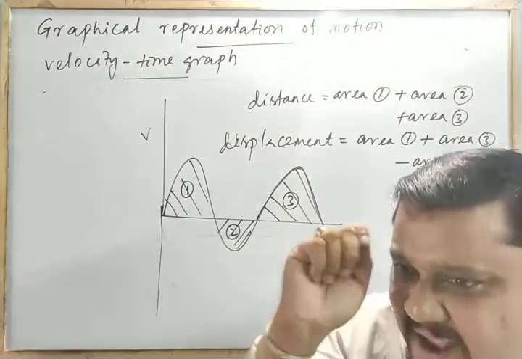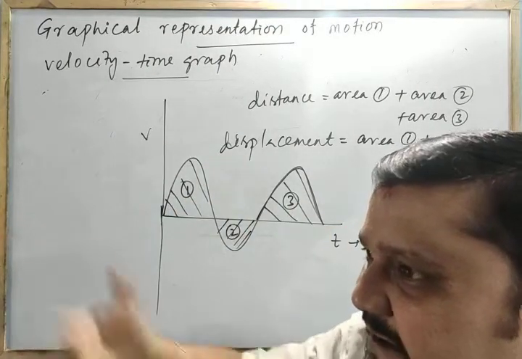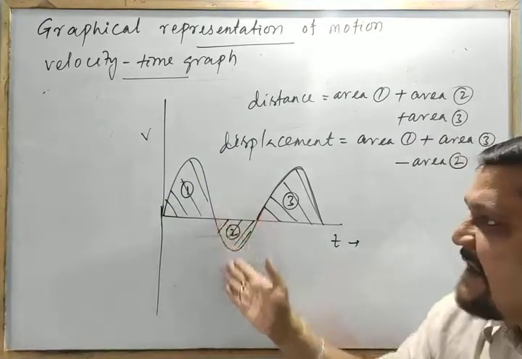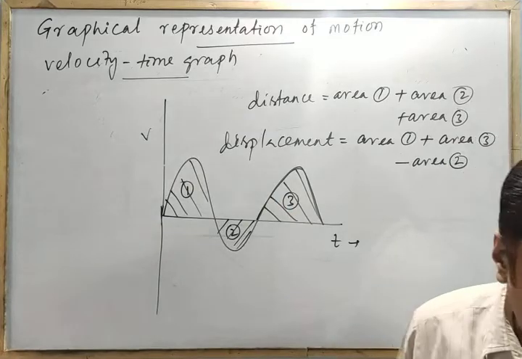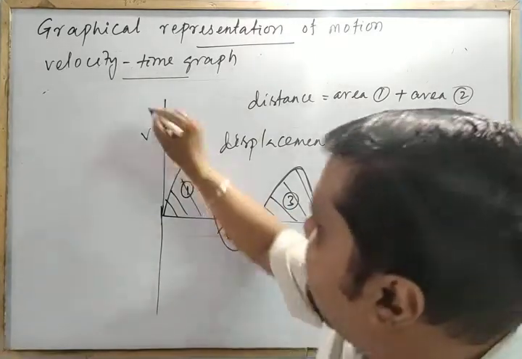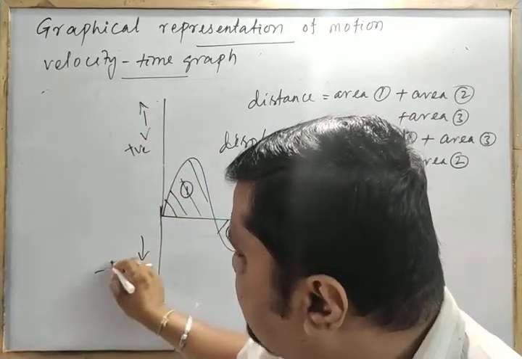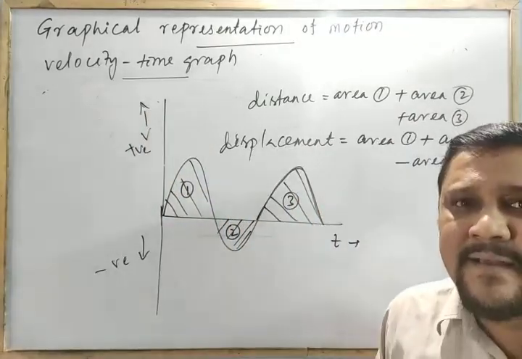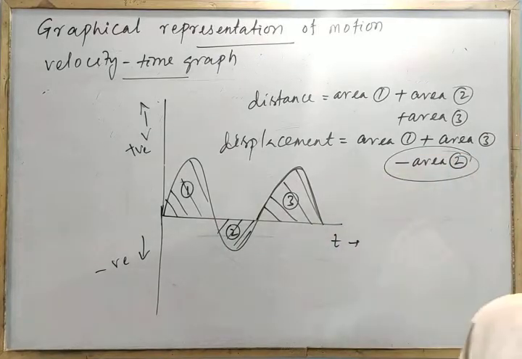For distance, no need to take direction. But here it is negative velocity. Velocity is positive in this side, negative in this side. Clear? So this is the velocity positive side and this is the velocity negative side. Negative velocity means negative displacement. Area is minus here. So that is the importance of this equation.